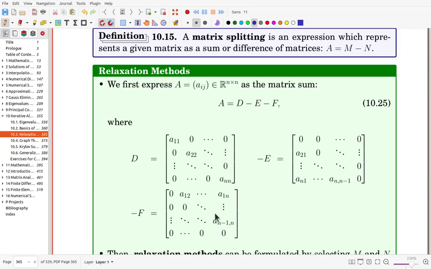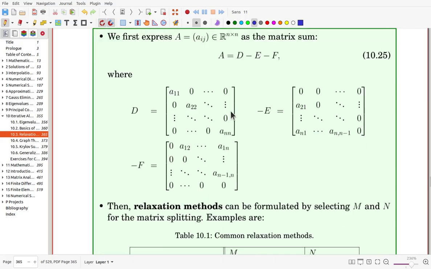So if we combine them, then that will be the same as the given matrix. This is just a sort of naming.